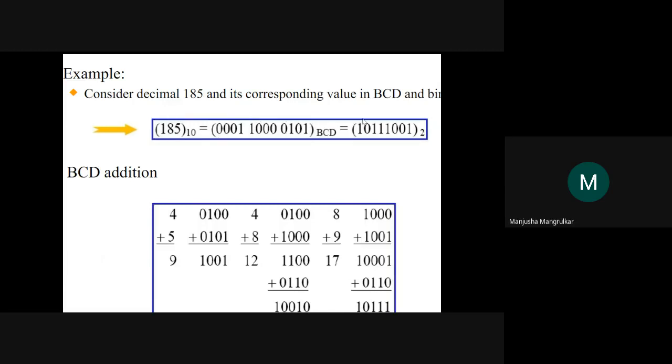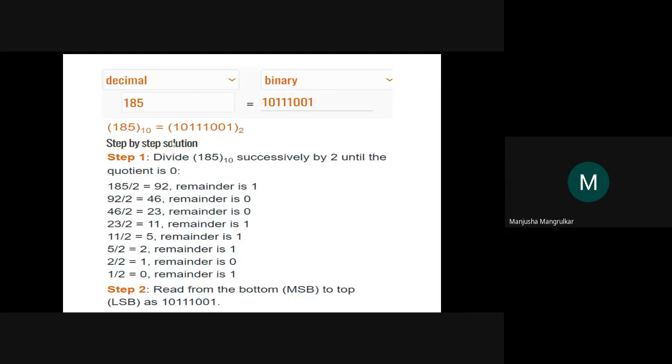But we cannot convert into binary in this way. For binary, we need to use the division method. 185 divided by 2 is 92, remainder 1. 92 divided by 2 is 46, remainder 0. 46 divided by 2 is 23, remainder 0. 23 divided by 2 is 11, remainder 1, and go on with the process.